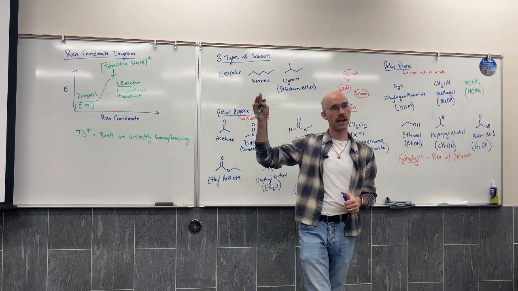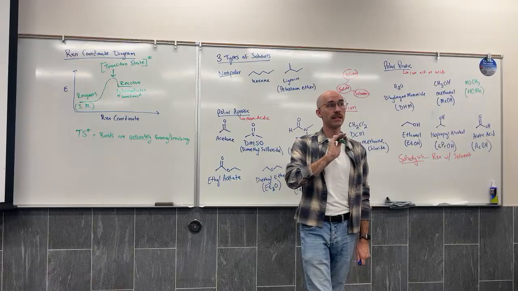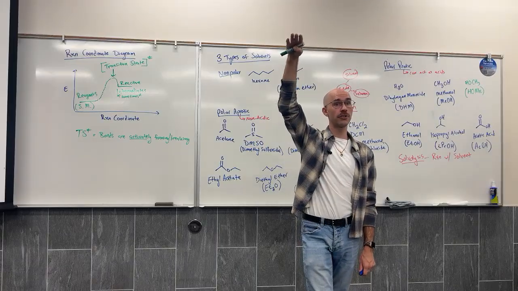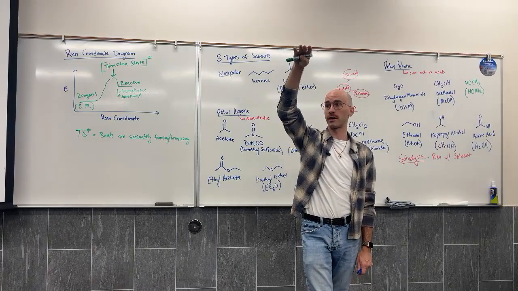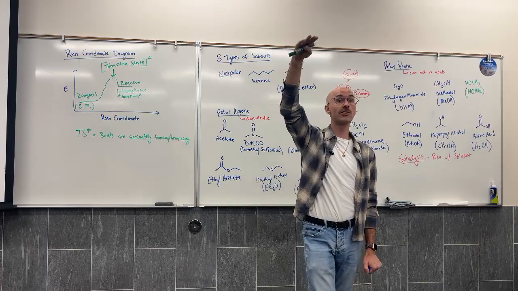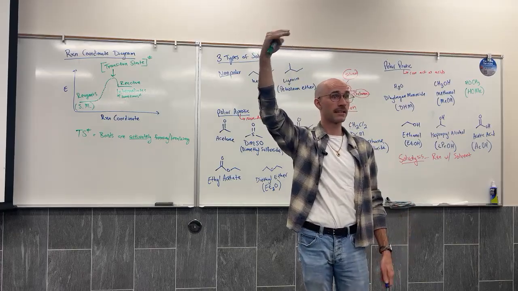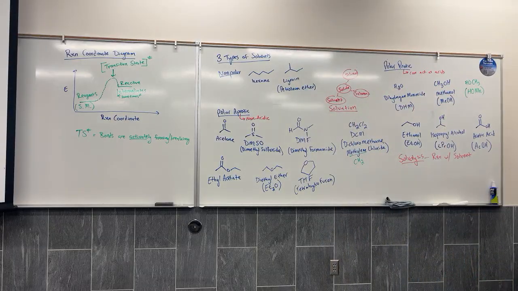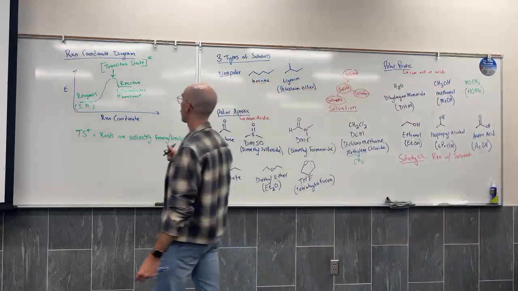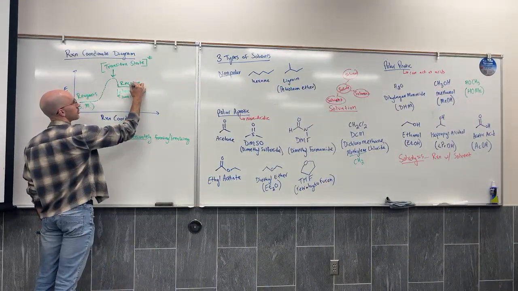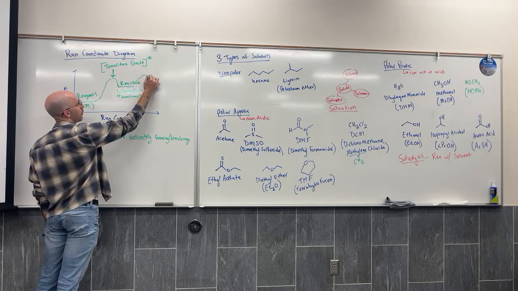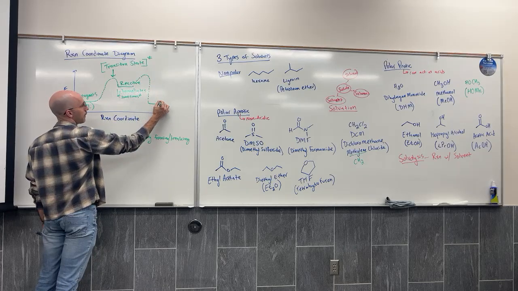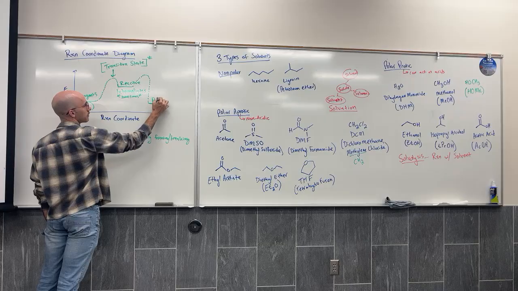But many reactions have these intermediates that are at higher energies than the starting materials or products. So they're likely to continue reacting, reactive intermediates, as opposed to stable intermediates or non-reactive intermediates. Reactive intermediates, of course, can't be the product. So after reactive intermediates is another transition state before we get to our products.